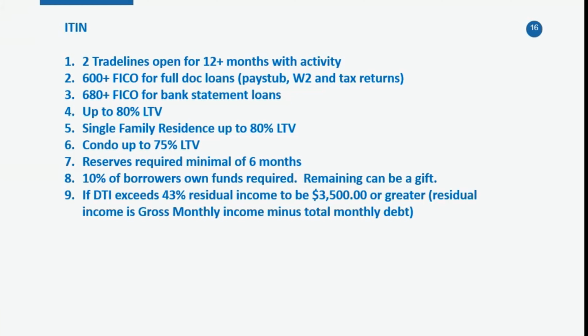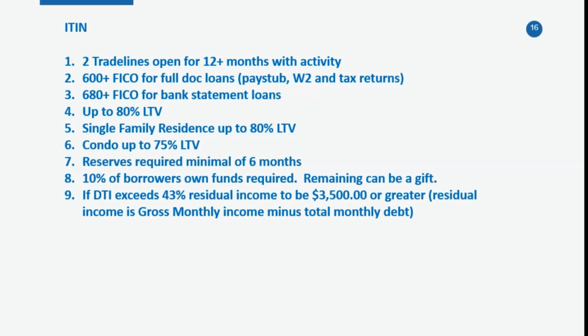But because the market is so slow, they're probably going to ease up and try to generate more business. To be honest, I think by the start of next year you might see LTVs on ITINs back up to 90%. But at this point, the majority are doing 80% LTV because if something does happen to the client, God forbid, they have equity in the home.